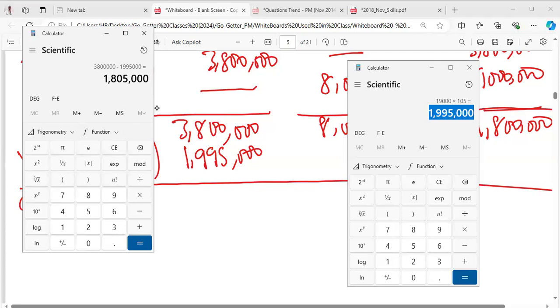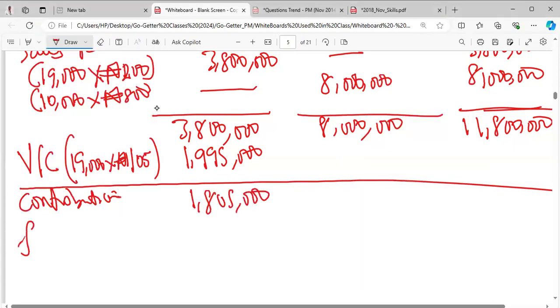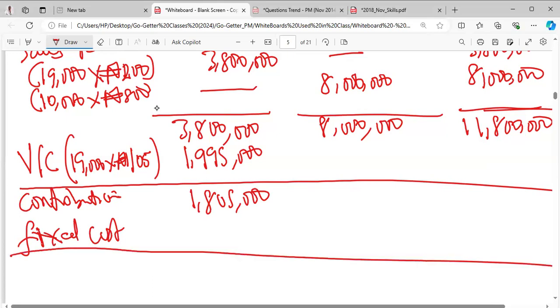Let me bring my fixed cost immediately, and I'll calculate profit immediately.